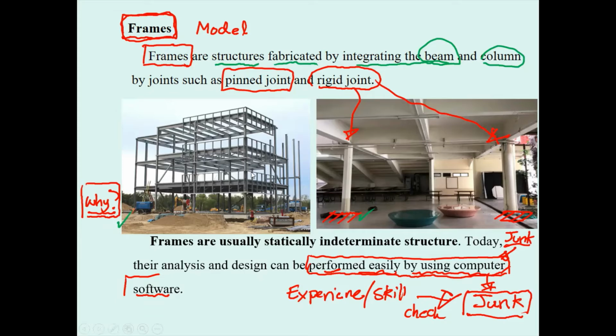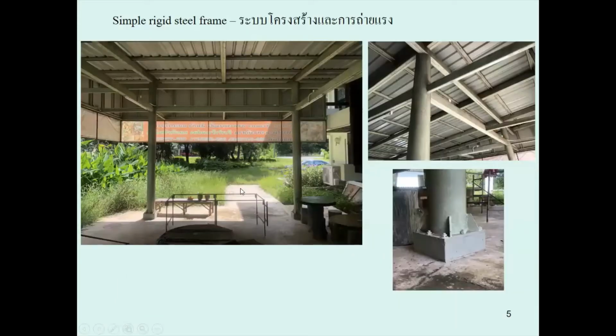If you have some examples, you may use your skill to analyze the structure. For example, this steel frame is a rigid steel frame, a small building near my house. This frame has the support in a form like this. So how is the engineer going to model or analyze this support?